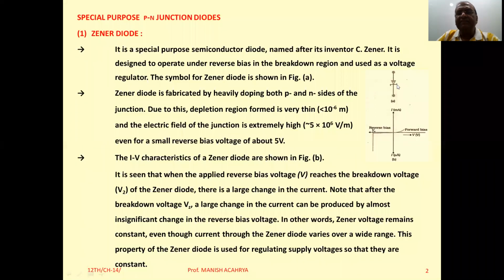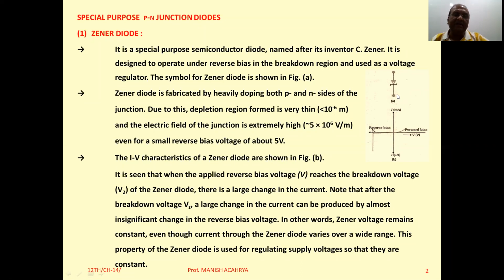The N-type semiconductor for PN junction diode is represented as a simple line, but for Zener diode, it is represented as the letter Z. So the end of this line is slightly made in such a way that the letter Z looks like that. Now this one is the symbol of Zener diode.